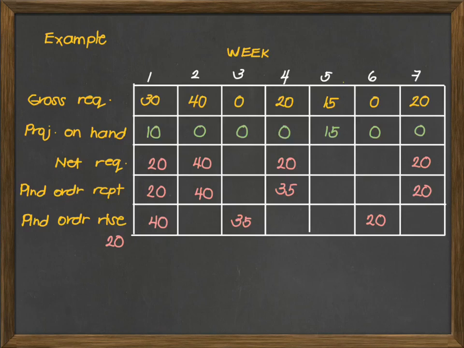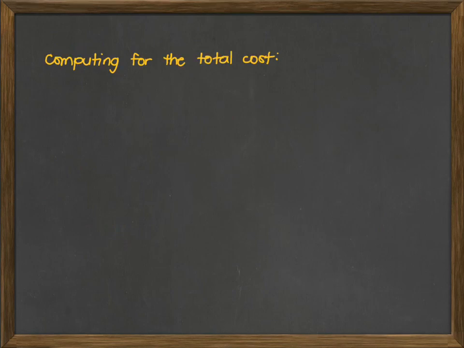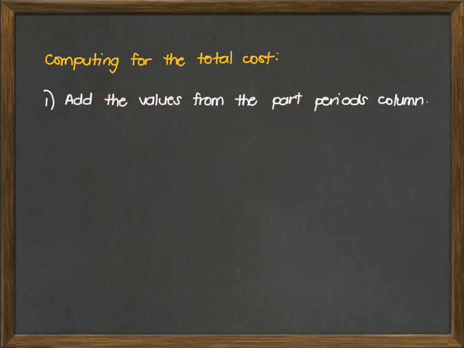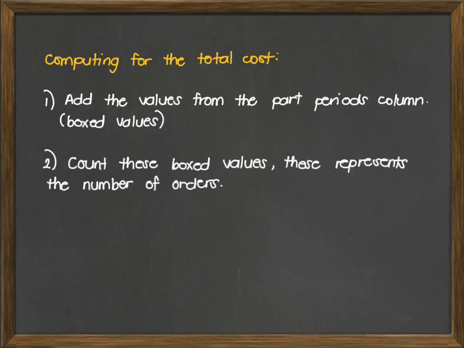Now, how do we compute for the cost of PPB? For computing the cost, first is to add the values from the part periods column. These are the boxed values on the other slide. Second is to count these boxed values and this represents the number of orders. Earlier, we noted the boxed values, and you will be counting every single box, and that will denote the number of orders that were released.